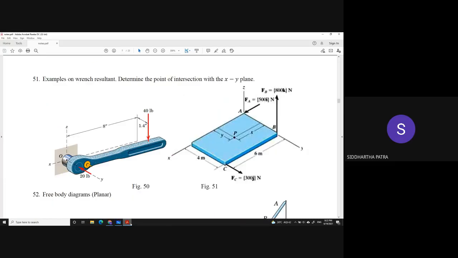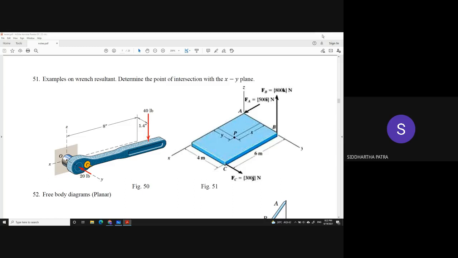Now really think about this. This 1.4j is actually coming from the diagram itself, the original problem itself, which is trying to tell you that the resultant force should be shifted along the line of the spanner, which is basically parallel to the x-axis.